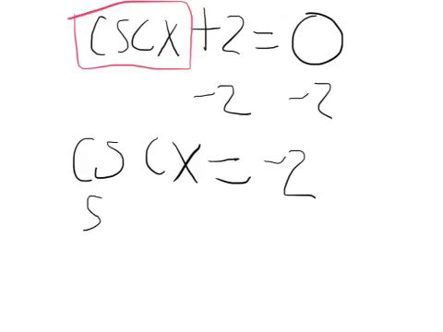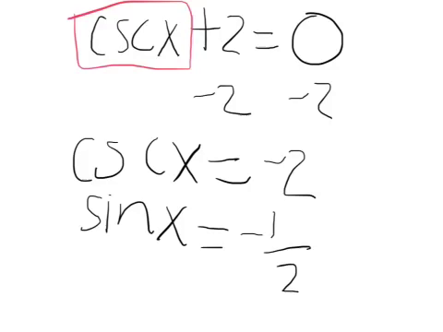So it becomes sine of x equals -1/2. You changed the -2 to its reciprocal, -1/2, and then you changed the cosecant of x to its reciprocal, sine of x.